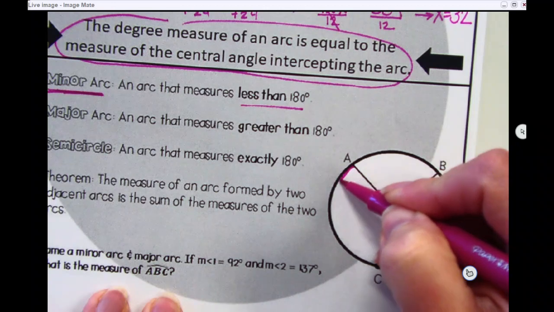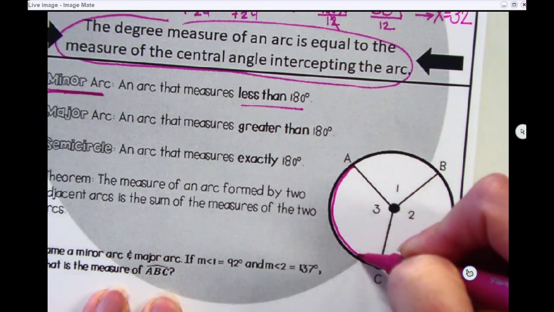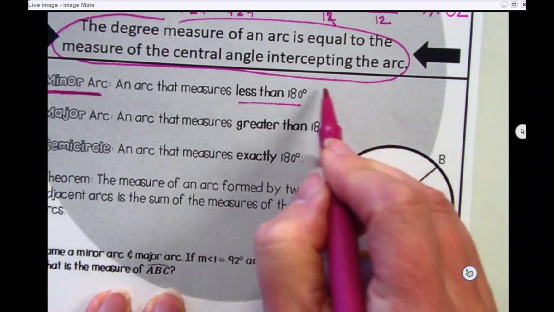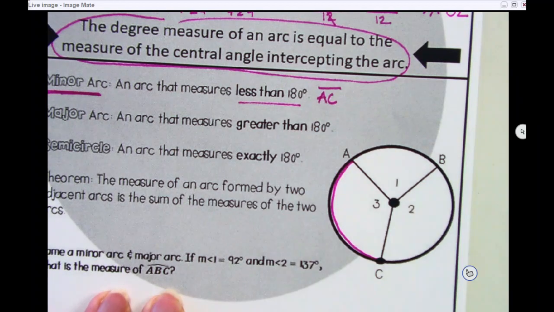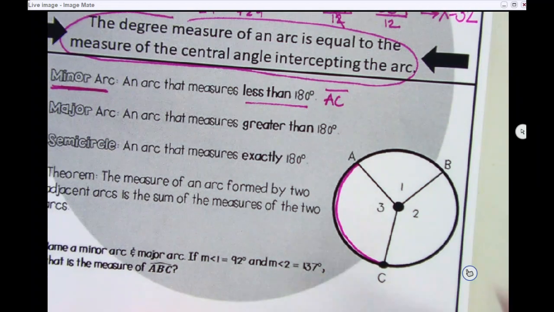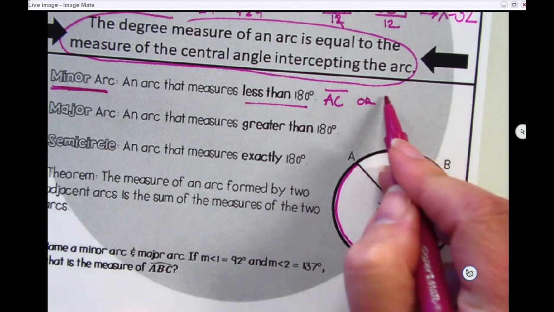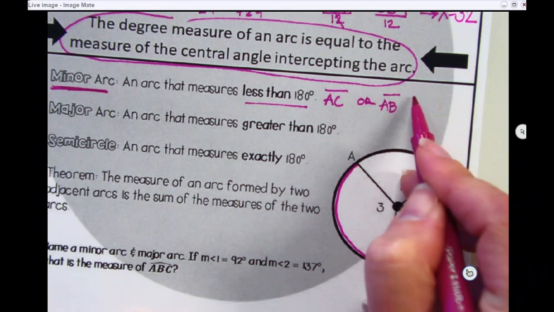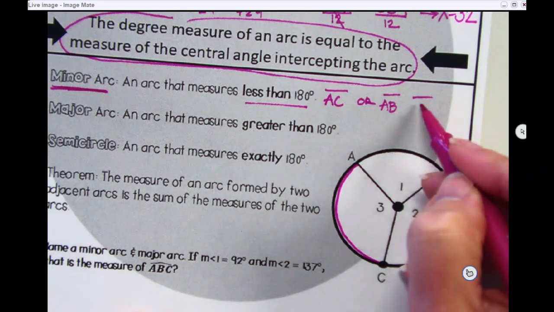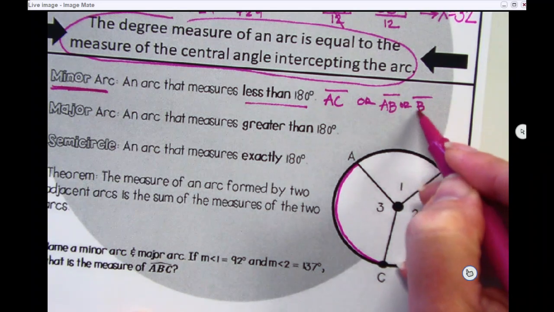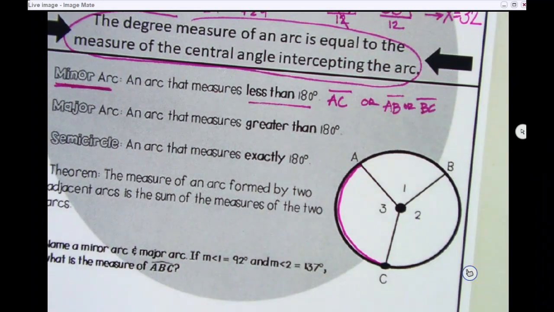So I could say that that's a minor arc. What's another minor arc? I could say AB, yep. Another minor arc is BC. And what if we find the measure of the arcs? We'll get there. Let's cover this first.